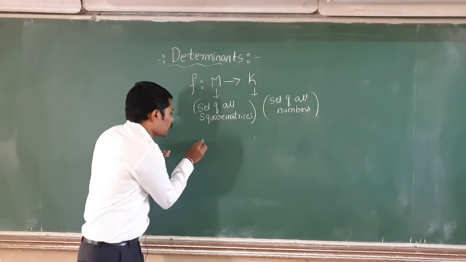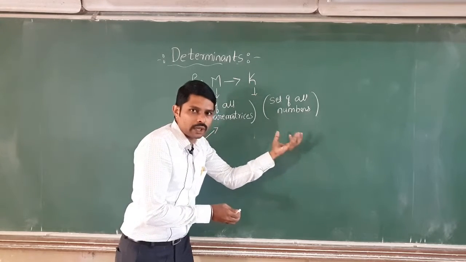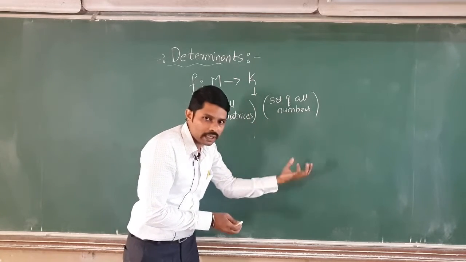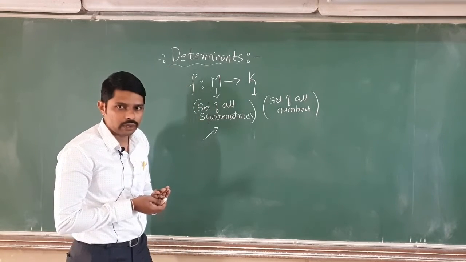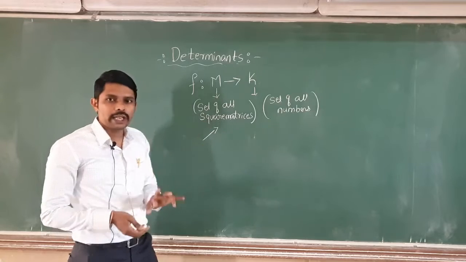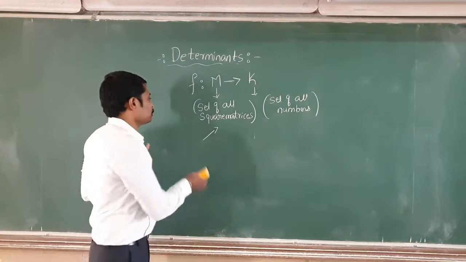Similarly here, for every input of a square matrix, we will get one output, a unique real number or complex number, that is the determinant of the square matrix. After solving one or two examples, this will be very clear.